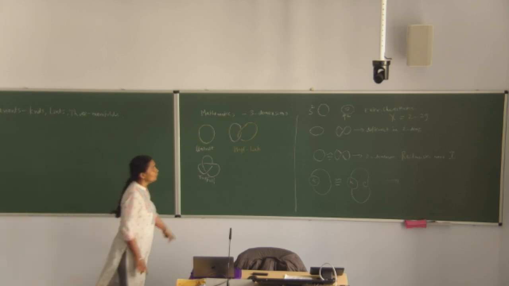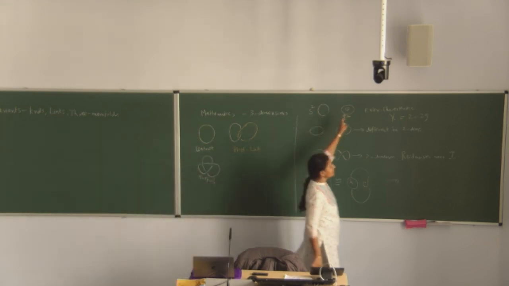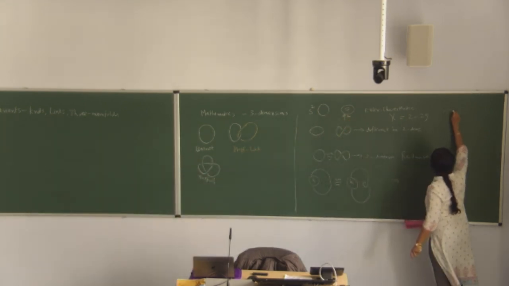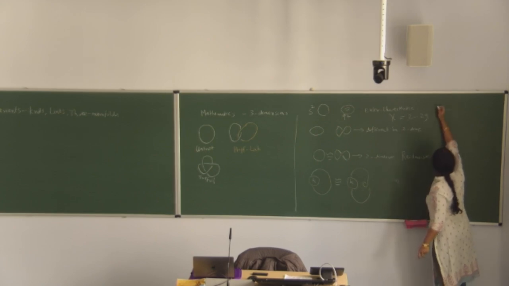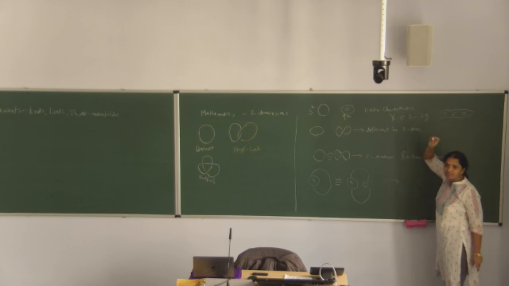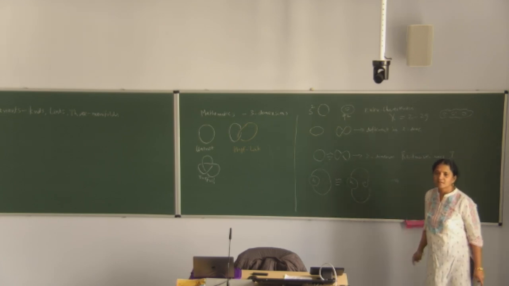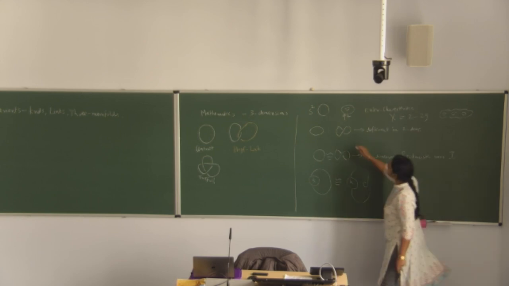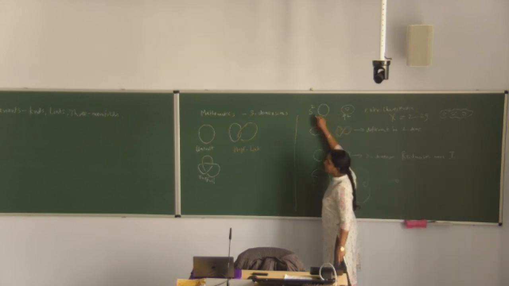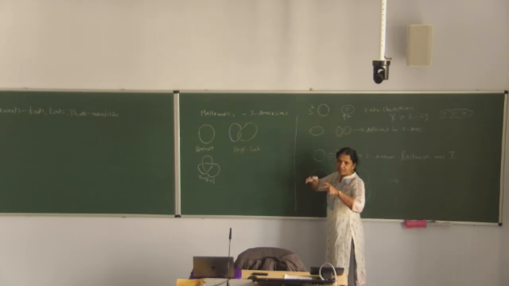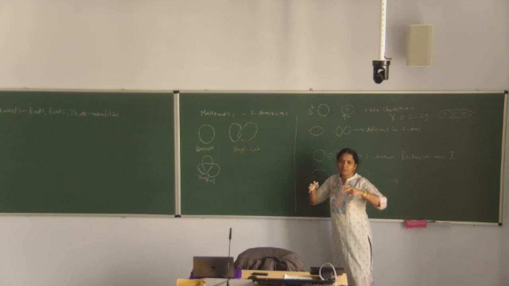You can have many more 2D surfaces, for example a surface with many more genus. You can have objects like this. And this S2, you can also show that any polygon you can push or pull.